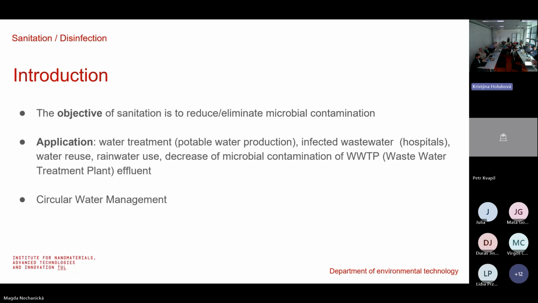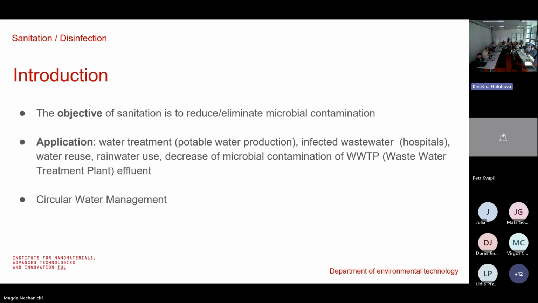The objective of sanitation is of course to reduce or completely remove microbial contamination from the water, especially from treated water. The most widespread application of sanitation is the production of potable water, where all water should be sanitated, and other areas are infected wastewaters, especially from mosquitoes.